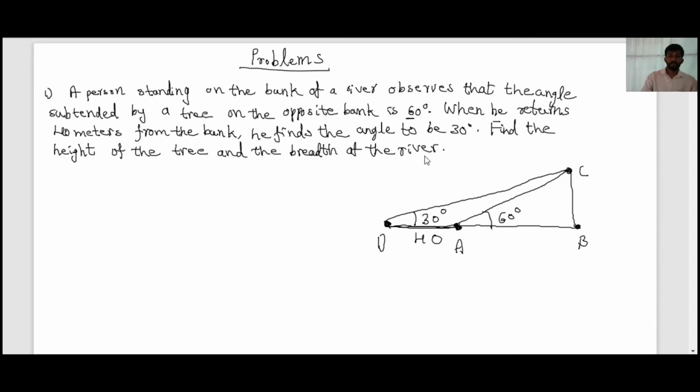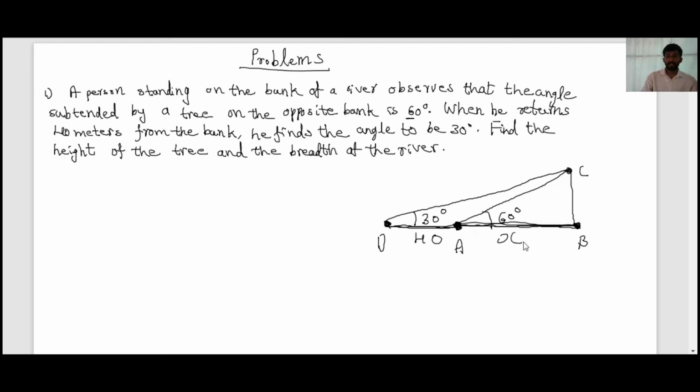Question is, find the height of the tree. That means you need to calculate BC, as well as the breadth of the river. The person is on one bank, the tree is on the other bank. Then from one bank to another bank, we call it the width of the river.